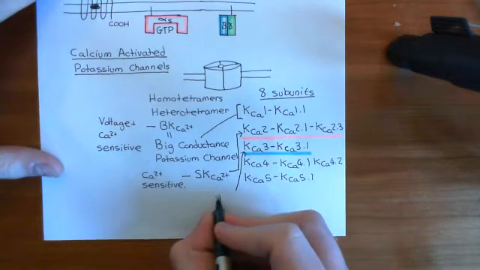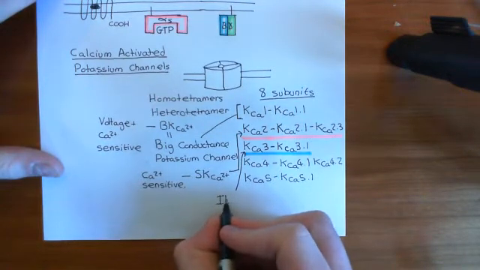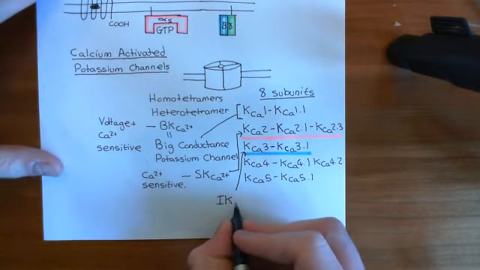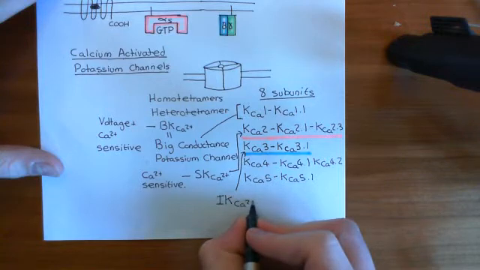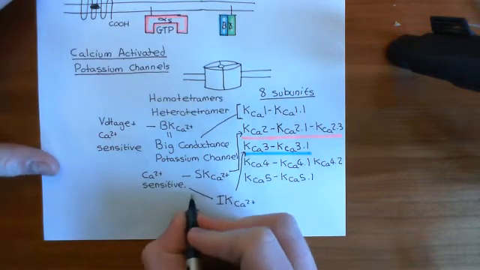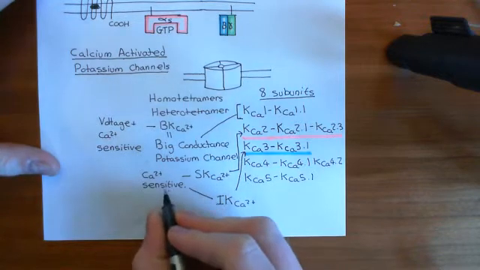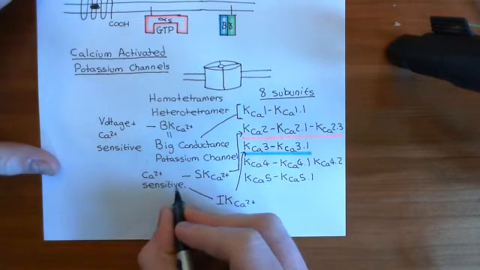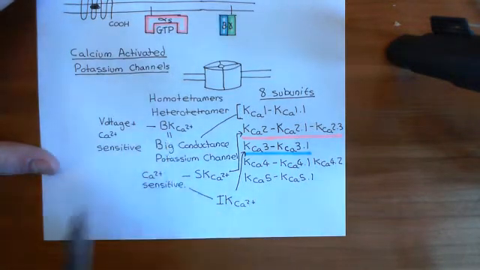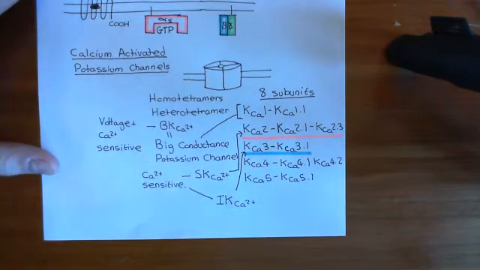It's called an intermediate conductance potassium channel, and for short this is abbreviated to IK. I for intermediate conductance, K for potassium, and again some people will put Ca2+ at the bottom to remind you that it's calcium sensitive. Again, these IK channels are opened by intracellular calcium, but not by voltage. So the big conductance potassium channel is the only one that's actually opened by voltage as well as calcium.